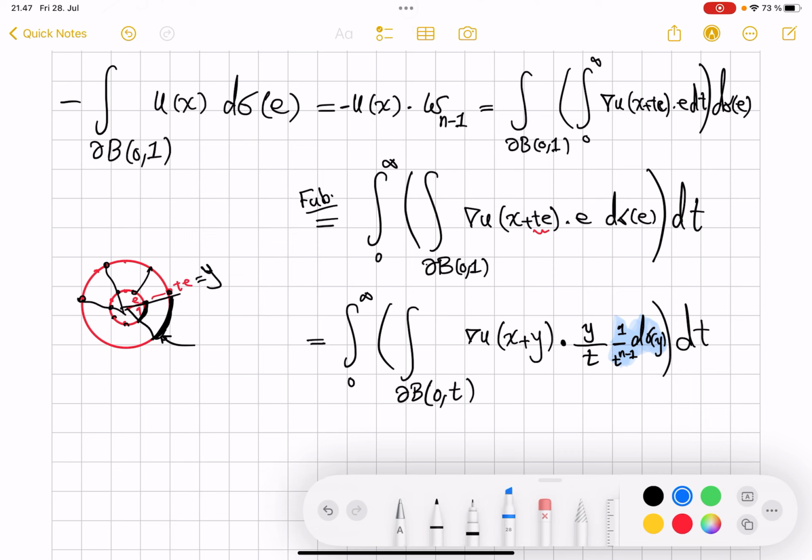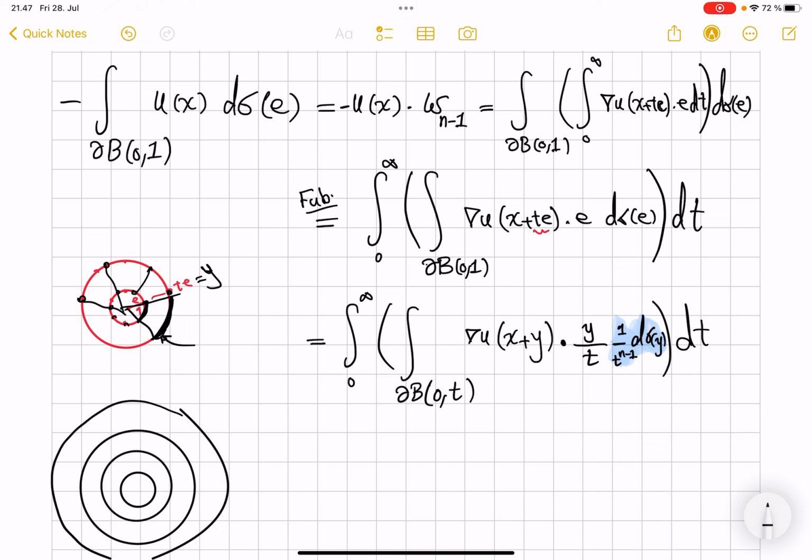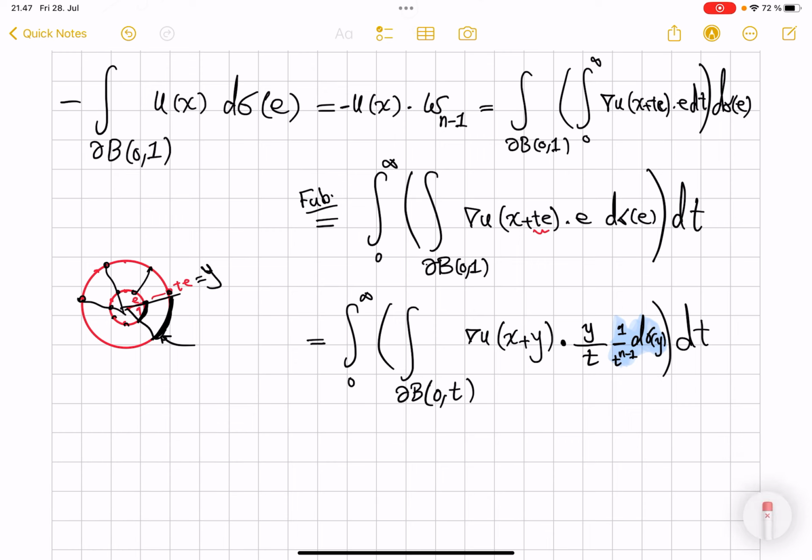So if you put this t to the n minus 1, the radius of the ball, then integration on any of these balls of the same pullback of the same quantities will be the same thing, because we again compensate for that.